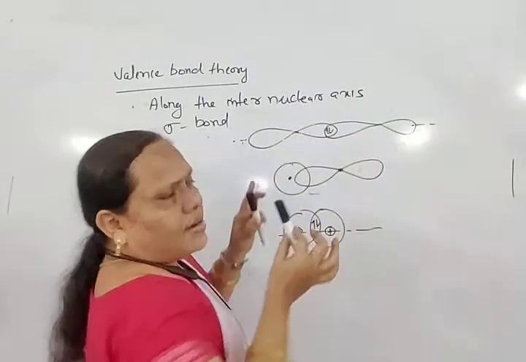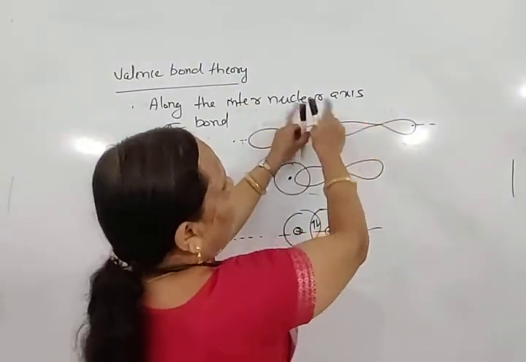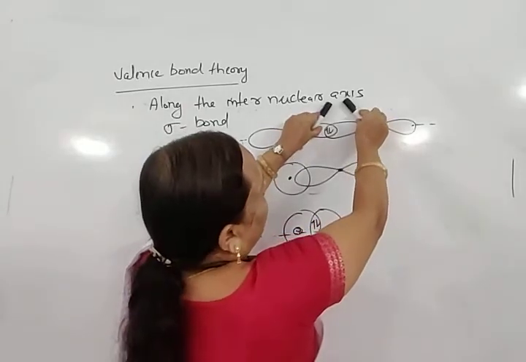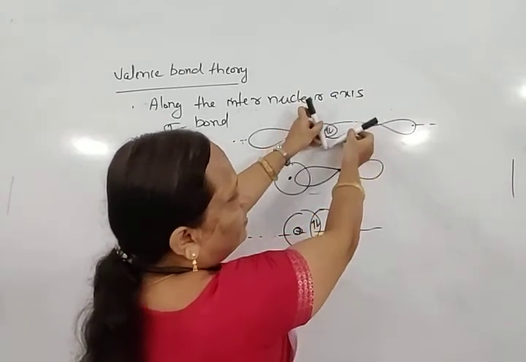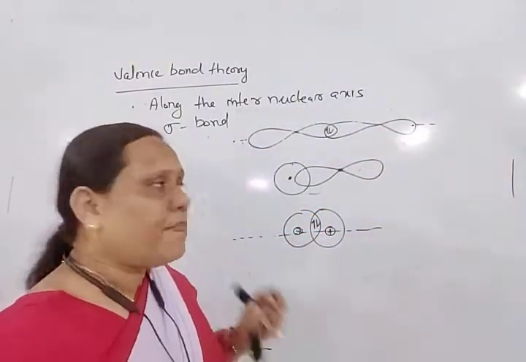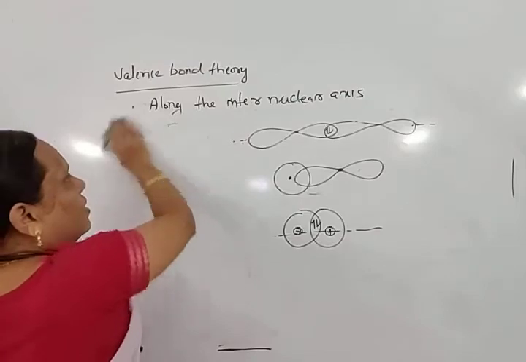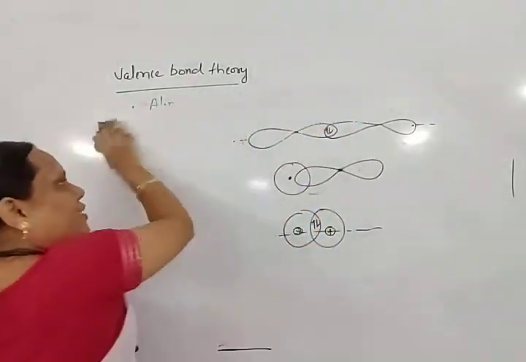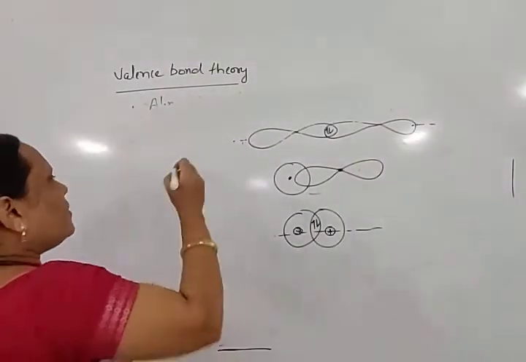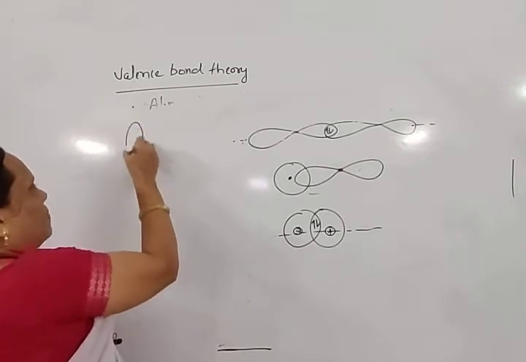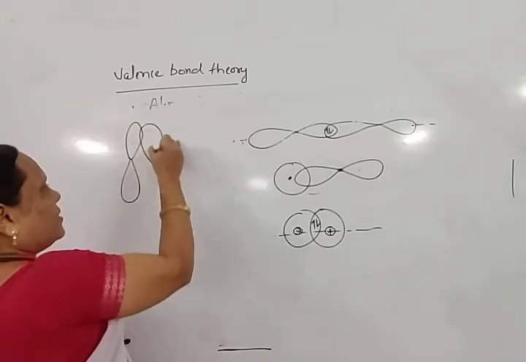Suppose this is the p orbital, not exactly the dumbbell shape, but imagine it is a dumbbell, with an upper lobe and a lower lobe. The upper lobe and upper lobe overlap with each other, and the lower lobes also overlap with each other. In this way, it forms a pi bond. In the figure, the overlapping takes place perpendicular to the internuclear axis, with one p orbital and another p orbital.